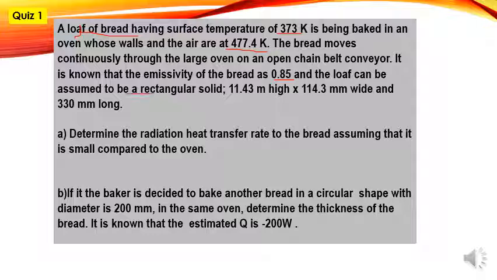The bread is in the shape of a rectangular solid where the dimensions are given here. The first question, question A, is to determine the radiation heat transfer, which means we need to determine the Q to the bread, assuming that it is small compared to the oven. So we know that this question is a case of radiation from the surrounding to the small object.